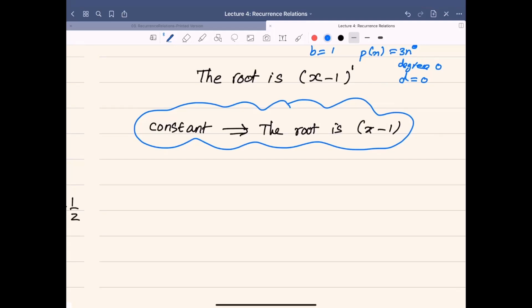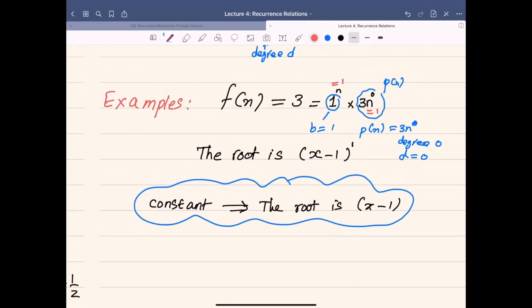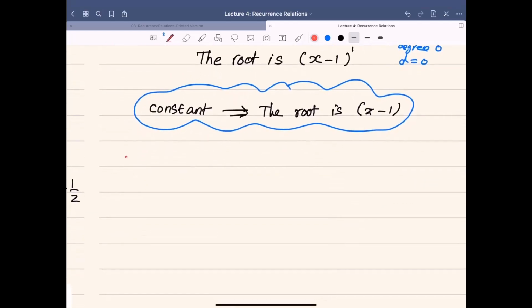For another example, now what if I have f of n equal to, let's say, 4 multiplied by 3 raised to power n, which is exponential. So now how to write it as b raised to power n multiplied by a polynomial?